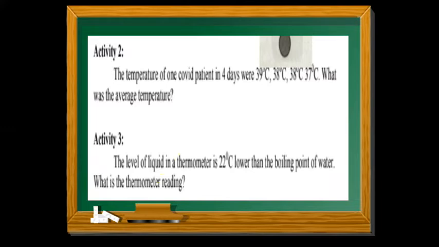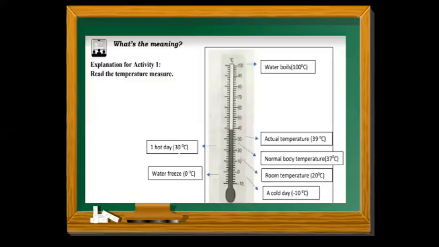Okay. So let's do activity number 1 first. Read the temperature measure. For this one, 100 degrees Celsius, that's when water boils. A hot day is 30 degrees Celsius. Water freezes at 0 degrees Celsius.